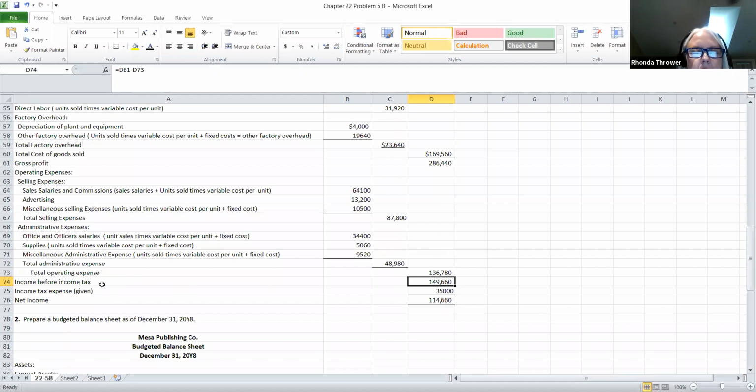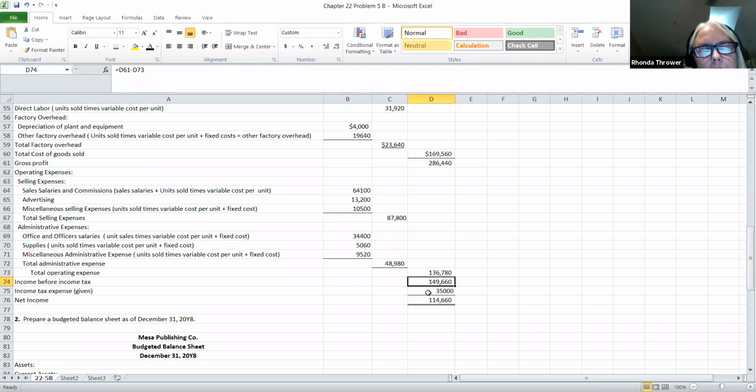You most likely have not seen this line item before, and this would be for a corporation because corporations have to pay income taxes. So this is the subtotal of the income that you have before you've calculated your income tax and deducted your income tax.